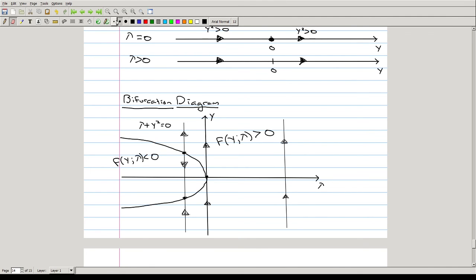So according to our previous convention, we need to make this a dashed curve, because any critical value on this curve is an unstable critical value. And this is the correct bifurcation diagram for this example.